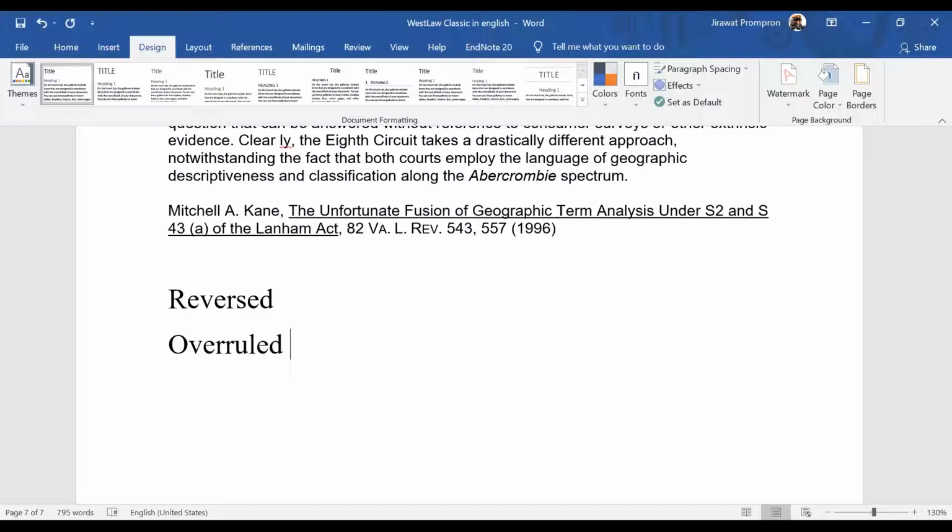That example is really interesting. This is called the reverse decision. Westlaw calls this direct history. And another one is the overrule decision. This is how to understand it, but I will try to explain it more.